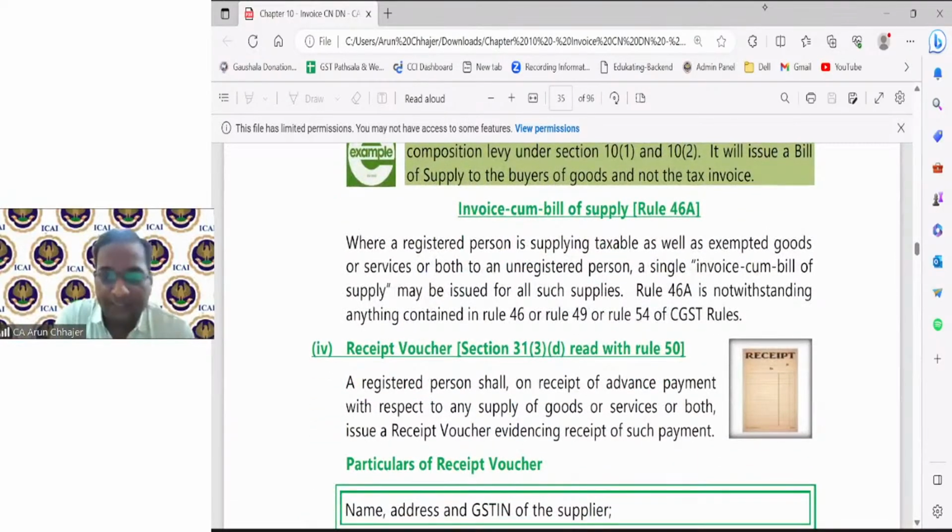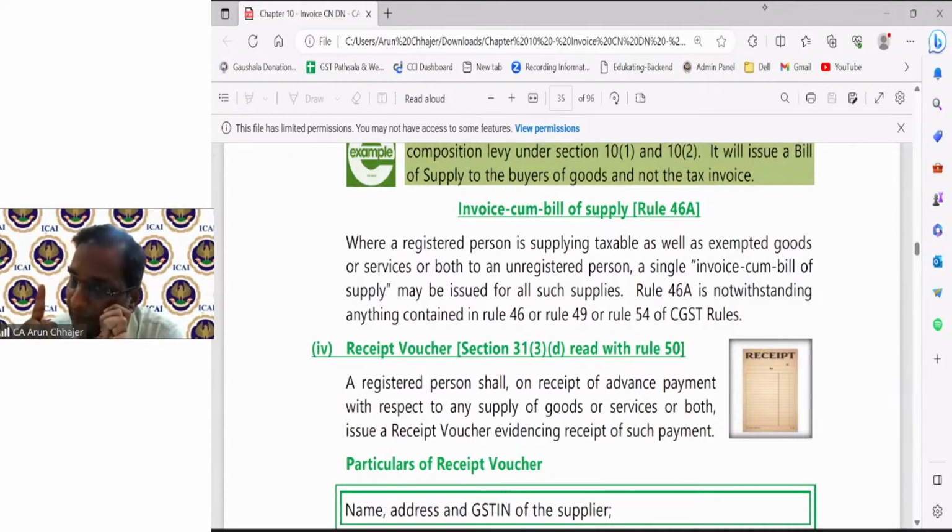Now, invoice cum bill of supply. This point we have not discussed. Let me explain. Suppose I am making taxable supplies as well as exempt supplies together, and my customer is unregistered.